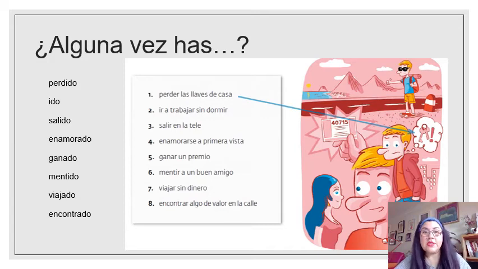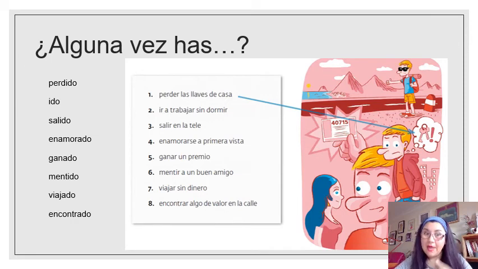¿Vale? So this is something that you can keep practicing. Now, when you answer no, can you guess what's the word for never? Right, it's nunca. So when your answer is no, you can always say yo nunca he, and then the verbs in participio.